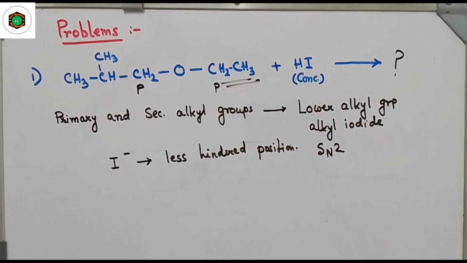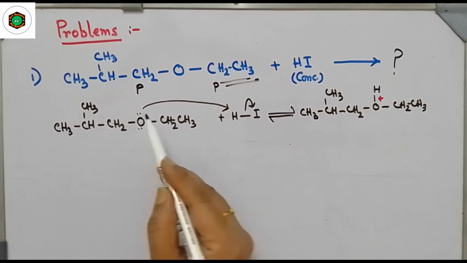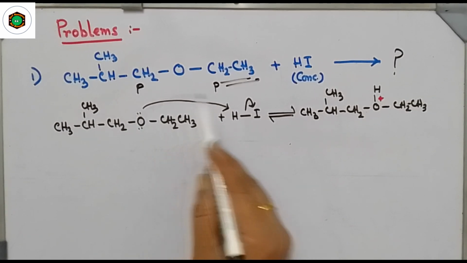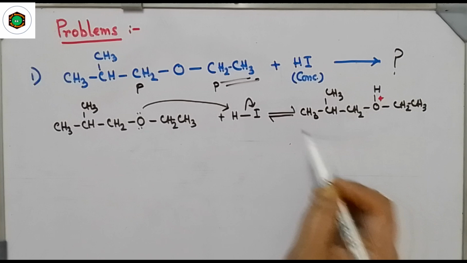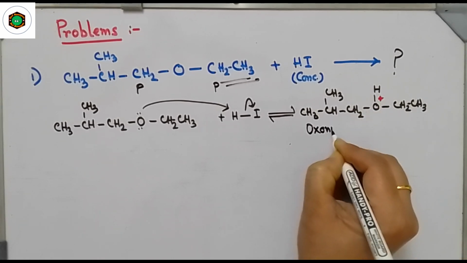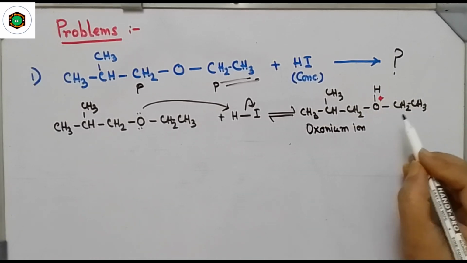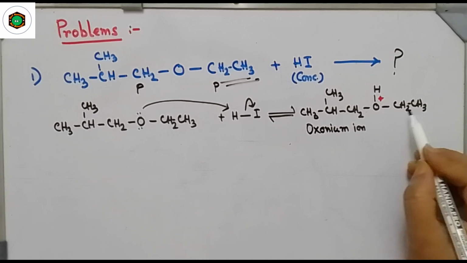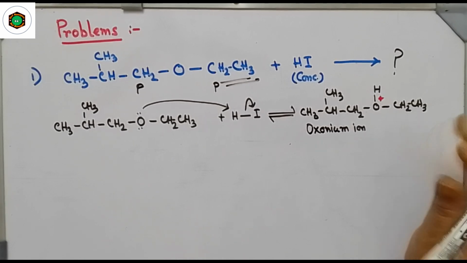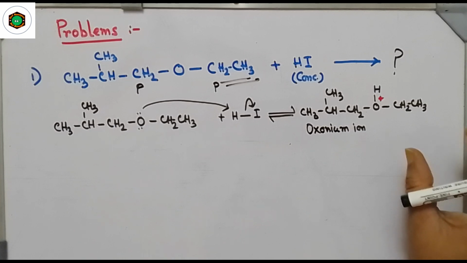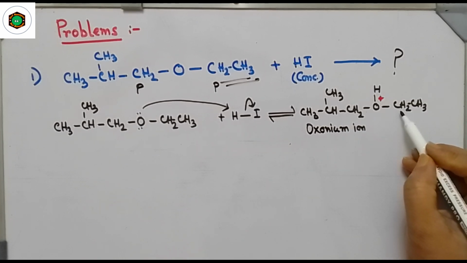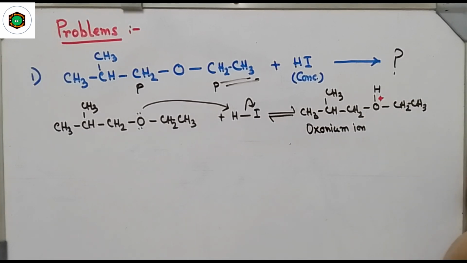So what is the mechanism? Here oxygen has a lone pair of electrons that will be donated to H plus, and here we will get this oxonium ion. Now see, this is the smaller alkyl group, so here iodide will attack. You remember that thing. Another thing, here less steric crowding is there, here more steric crowding.